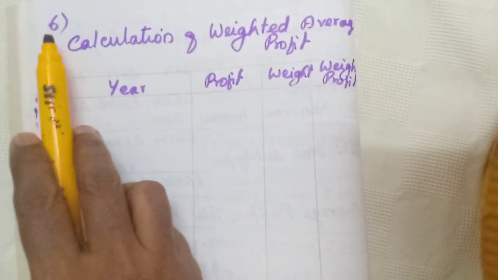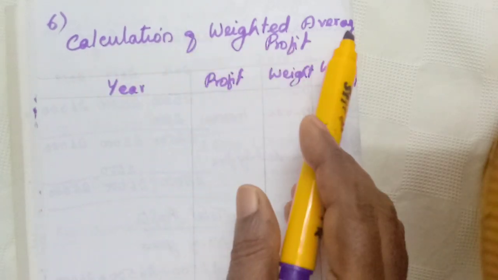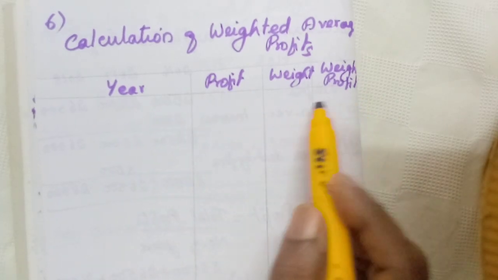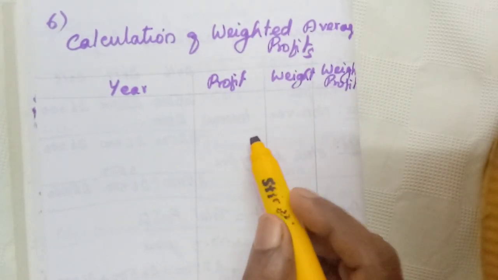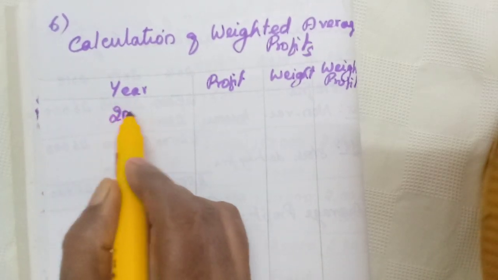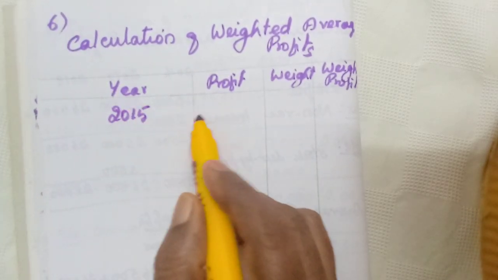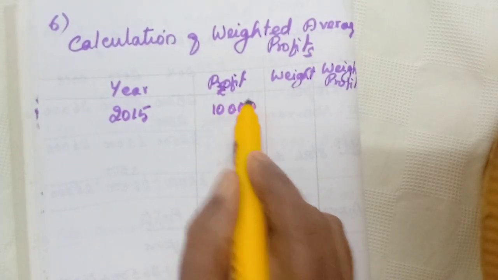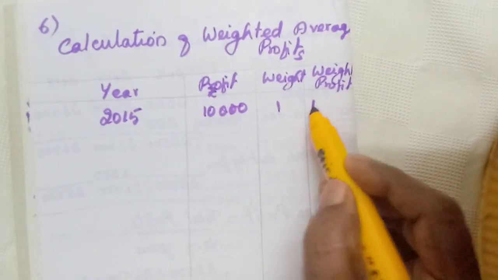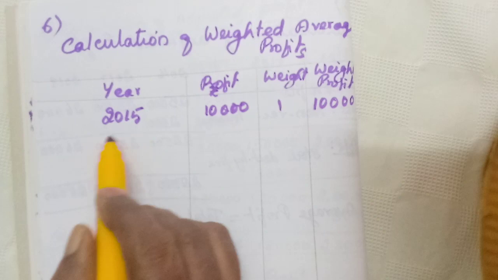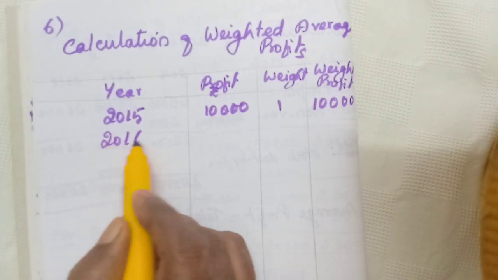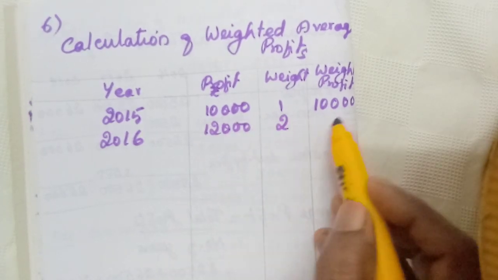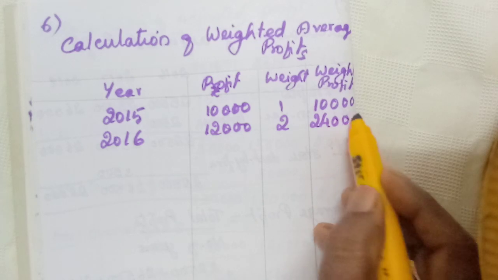First you write the number and the heading, calculation of weighted average profits. Then draw the column: year, profit, weight, then weighted profits. Year 2015, profit in rupees 10,000. Weight 1 into 10,000, 10,000. Then 2016, 12,000. 12,000 into 2, 24,000.